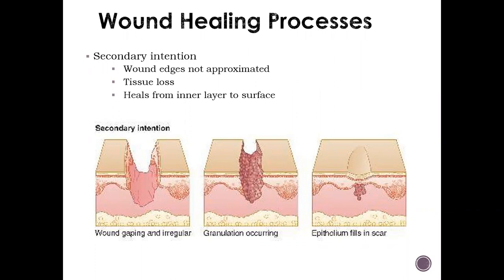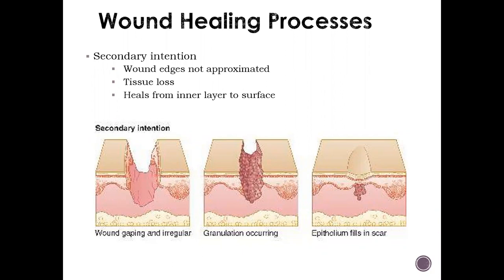So the wound is gaping or irregular, or is unable to be closed. We allow it to heal by that secondary intention, which occurs when the wound has extensive tissue loss, which prevents our edges from being approximated, or it should not be closed because it's infected.